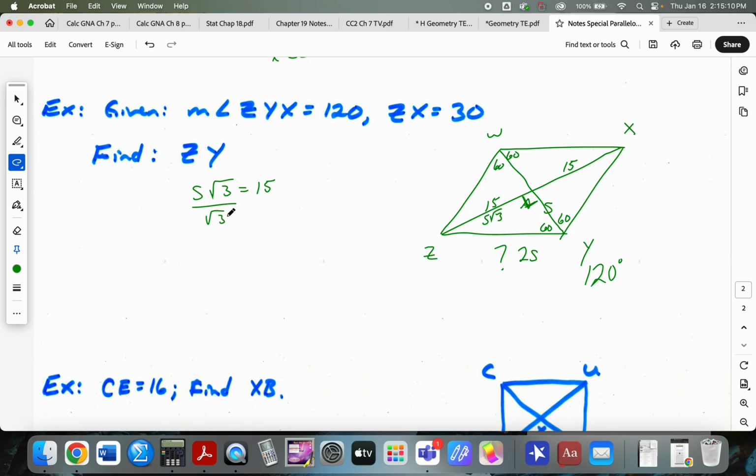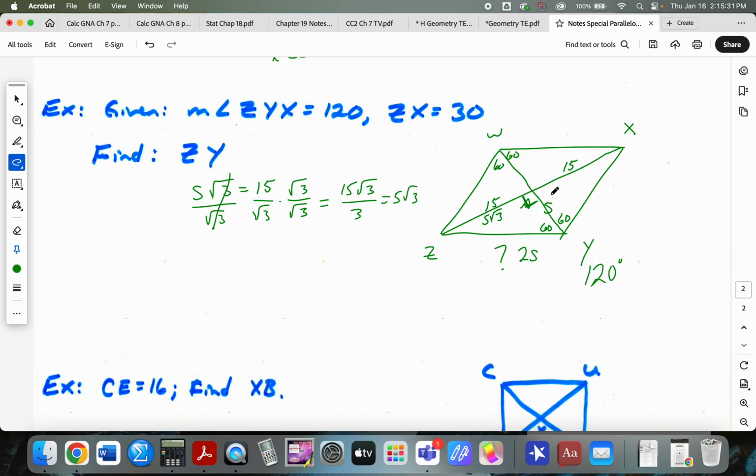Divide both sides by the square root of 3, and rationalize the denominator. So it's 15 square roots of 3 over 3.